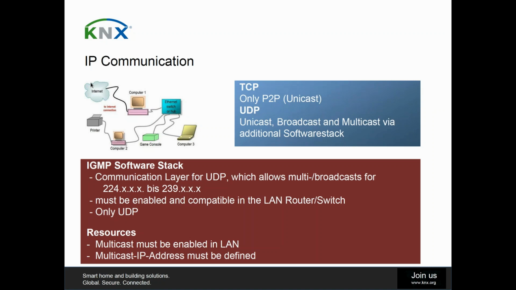So there is normally not like a multicast. So what we have done here, or what we have to do, is an IGMP software stack, and this is a requirement for KNX IP routing, that you have an IGMP-capable device in your LAN, which allows you to communicate with this address range.